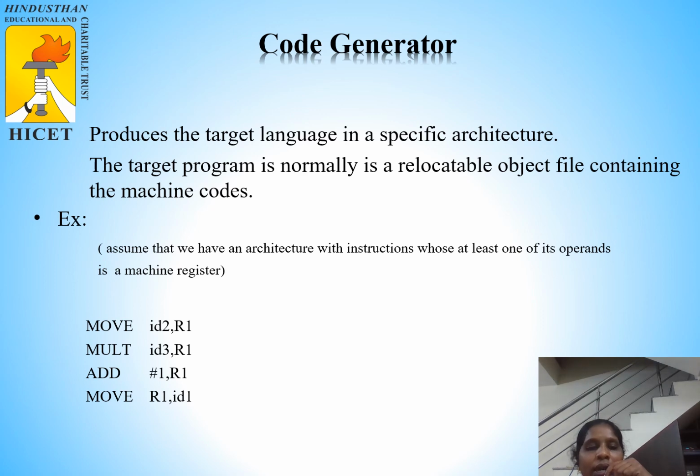And the third line, add #1, r1, means that the value of 1 is added with the value in register r1. And finally, move r1, id1, means that the value in register r1 is moved to the identifier id1, and finally we'll get the result in id1, which is always stored in a symbol table.